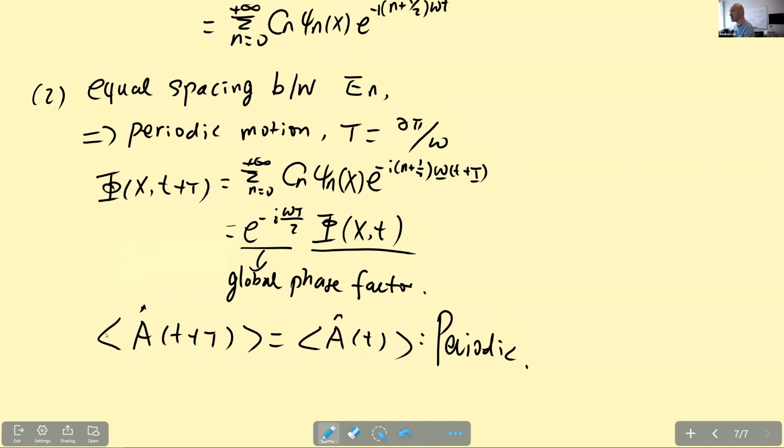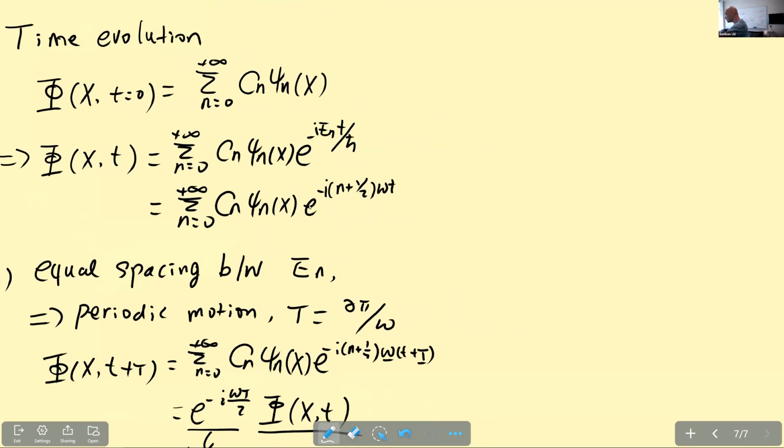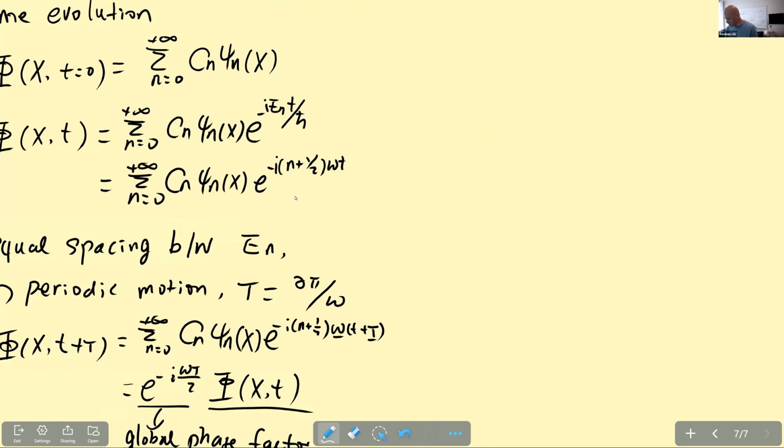So it's always periodic motion. And in particular, we are interested in the change of the position operator. That's something we are particularly interested in.